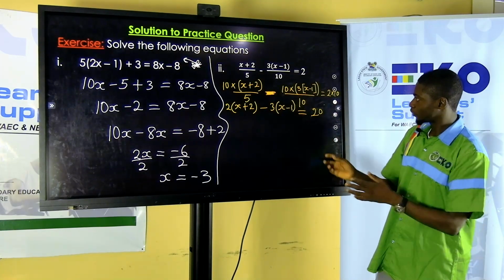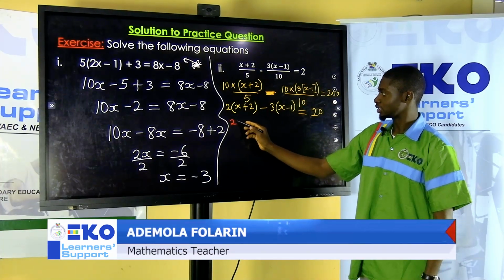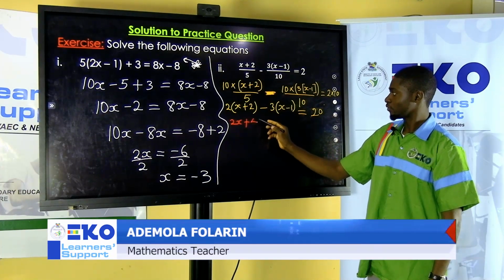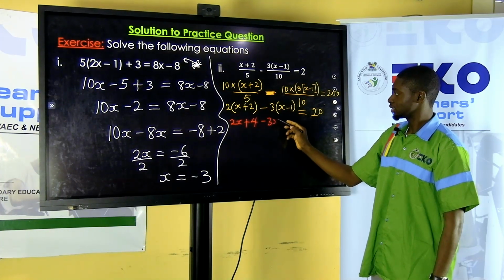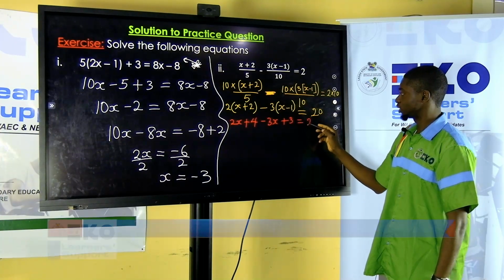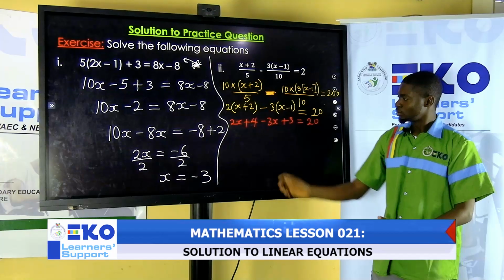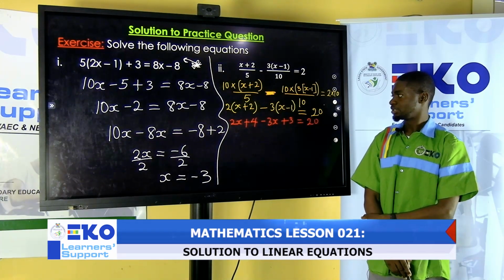All right, so from there now, we open the bracket, which is 2x plus 4 minus 3x plus 3 equals 20. So here, let's do something. 2x minus 3x.